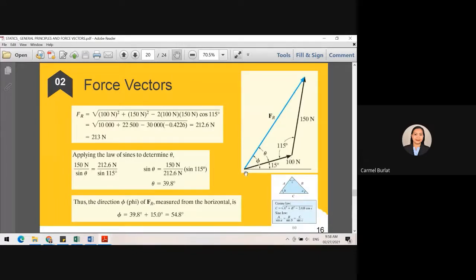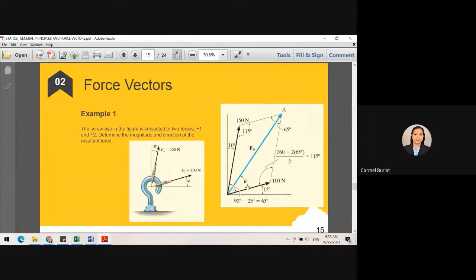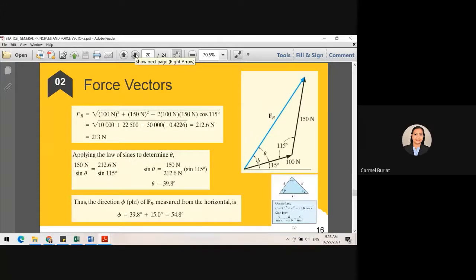Okay? So mao ni siya katong gikan dinhi. Kani 15 then kani. So ang atong unknown is kaning theta. Theta is the direction of your FR, your resultant.